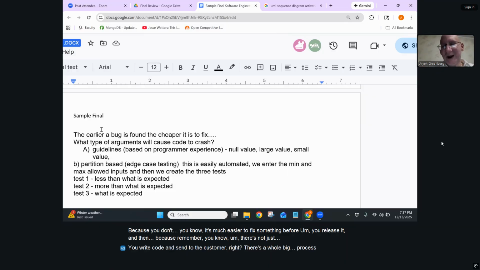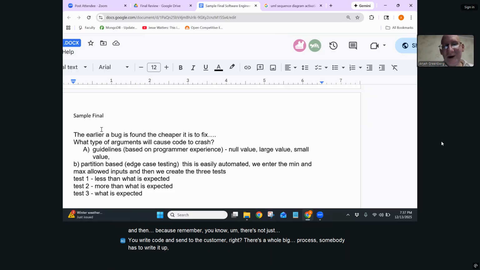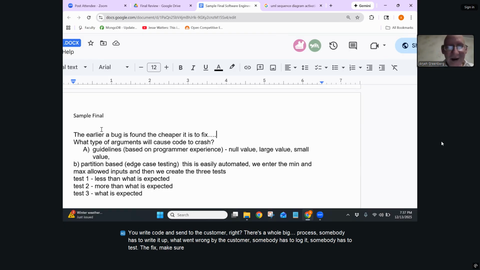Somebody has to write up what went wrong by the customer. Somebody has to log it. Somebody has to test the fix, make sure it works, and make sure other things didn't crash when you fixed it.